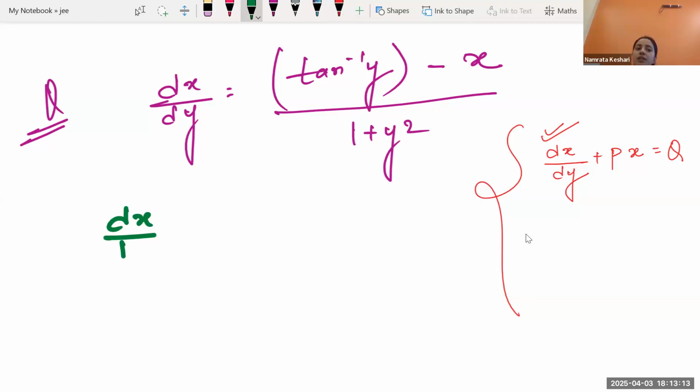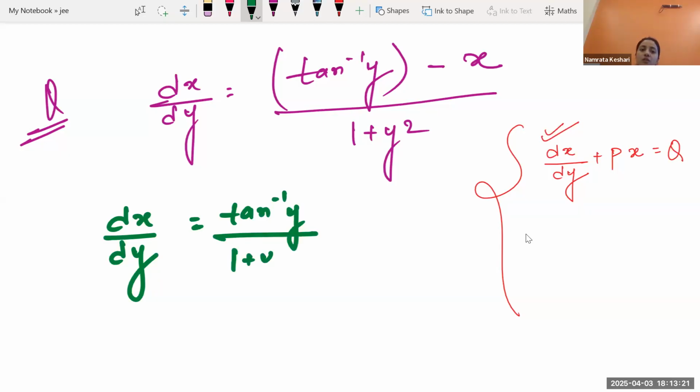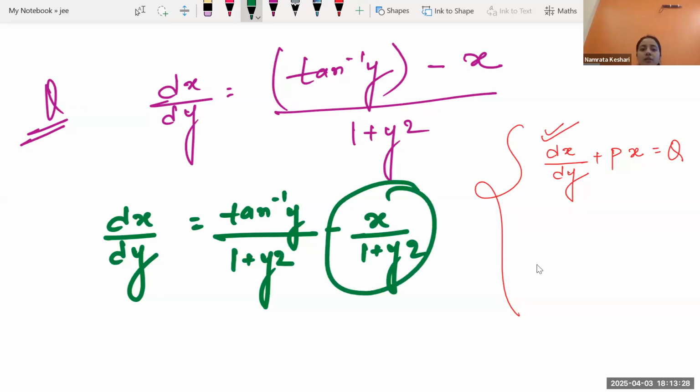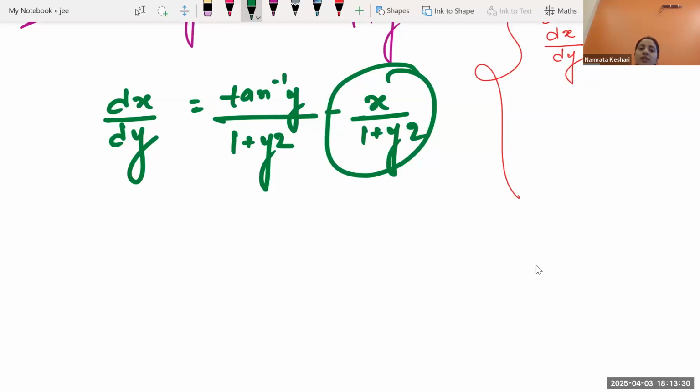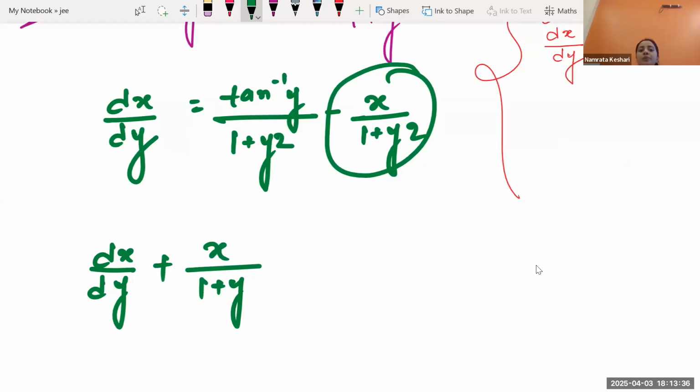See, dx dy is equals to tan inverse y by 1 plus y square minus x by 1 plus y square. Now this one we will take to the other side. So we will have dx dy plus x by 1 plus y square. So p is 1 by 1 plus y square, and q is this complete.